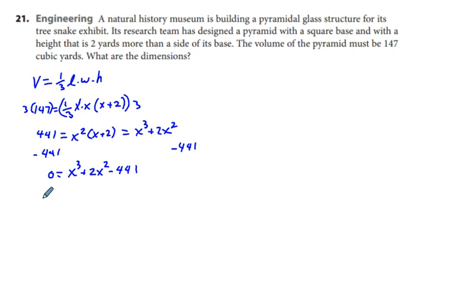So our potential rational zeros are going to be plus or minus 1, plus or minus 3, plus or minus 7, plus or minus 9, plus or minus 21, plus or minus 49, plus or minus 147, and finally plus or minus 441. So a lot to work with there.